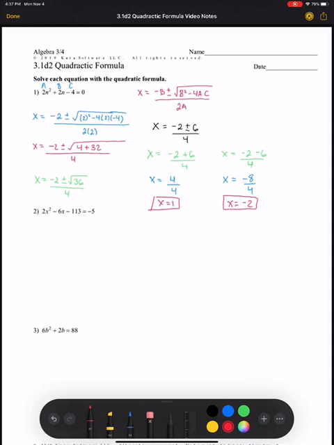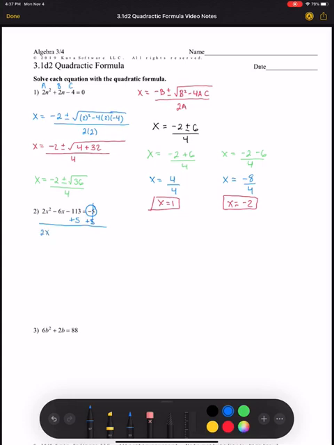Alright, example 2. Example 2 is different. As you can see, the right side of my equation is actually a negative 5. So what I need to do is move that over to the left side of the equation by adding 5 to both sides of the equation. These will cancel.